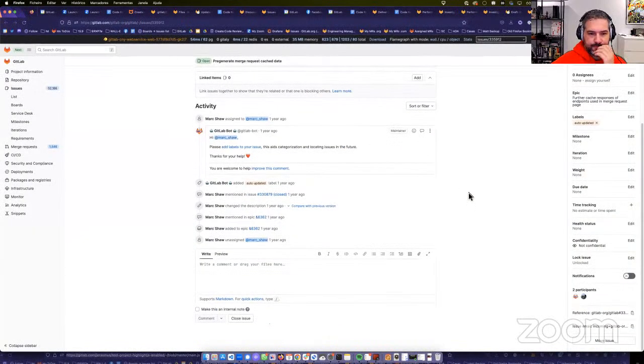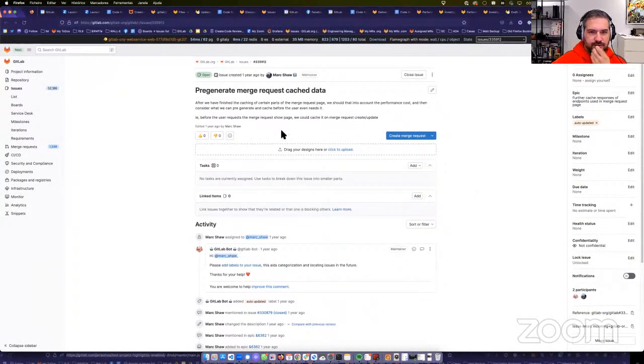Yes, all right, we have this issue. Maybe this is the one we can use. It talks about these sort of things: pre-generate merge request cache data. I'm not sure if this is exactly the one, but it could be a starting point.